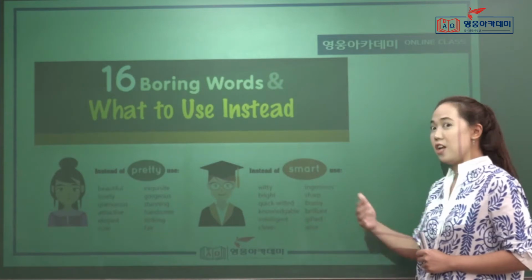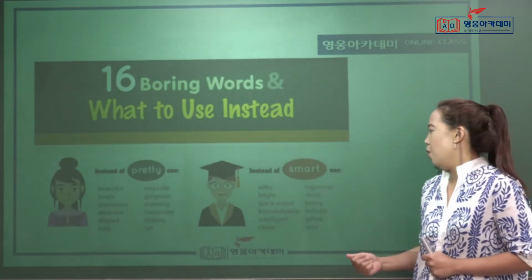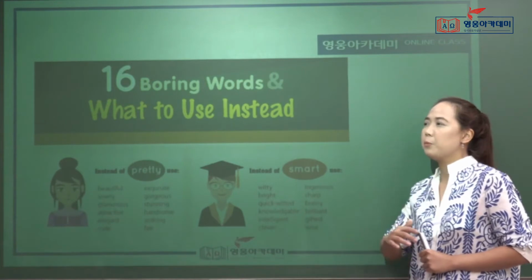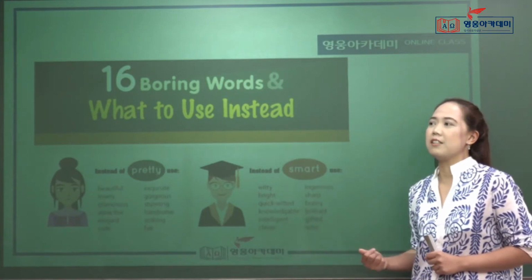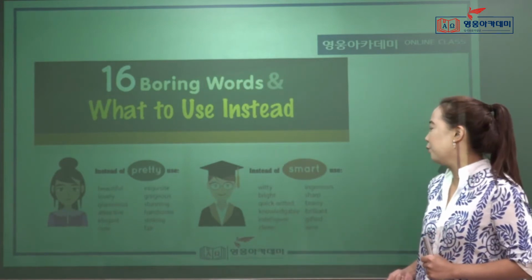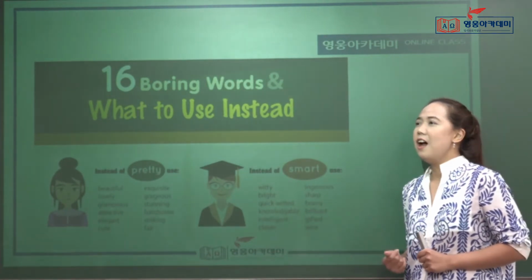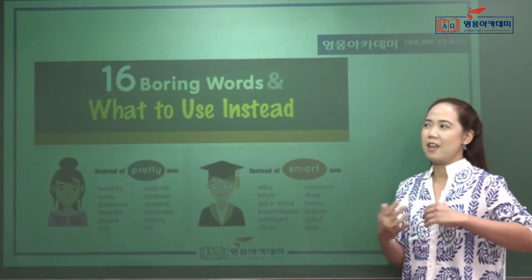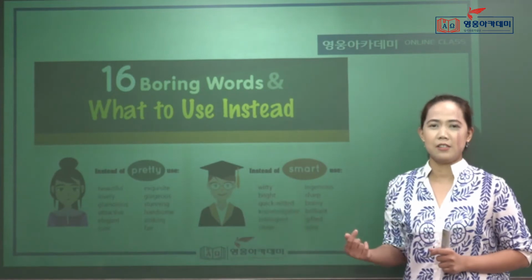You can use ingenious, sharp, or brainy, brilliant. Luna has brilliant ideas when she writes her creative writing paper. Okay? How about gifted? Gifted. Ella is gifted with plenty of talents that is visible when she is out on the stage.